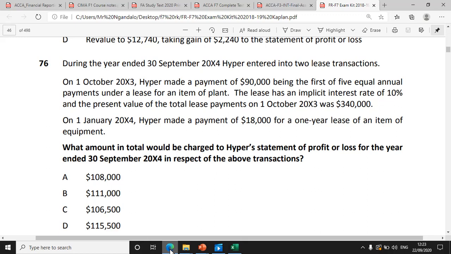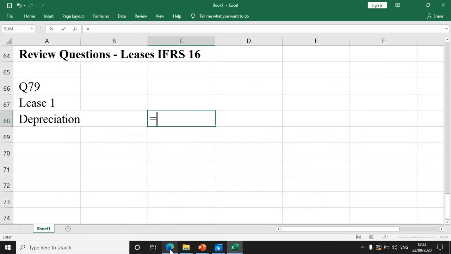Normally we go for the lower of the two. When I multiply 90,000 by 5, I get 450,000. Comparing that with our 340, the lower of the two is of course 340. So if I take 340 and divide that by 5, I get 68. I hope that you're getting the same figure as well.